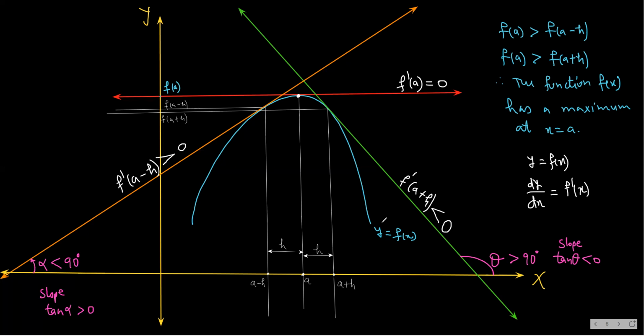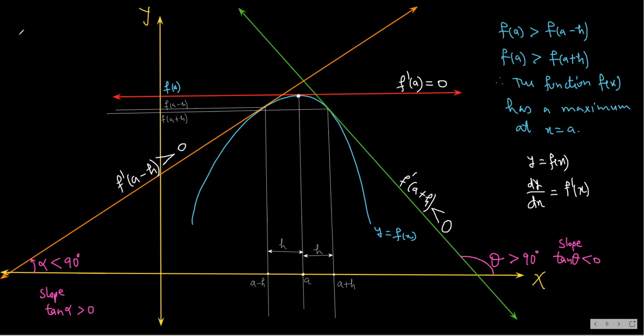The function y equal to f of x will have maximum at a point x equals a, then the first derivative will be 0 at a. You can check f dash a is 0. Just before a, the derivative will be positive, and just after a, the derivative is negative. So this is the condition for a function to have maximum at x equals a.